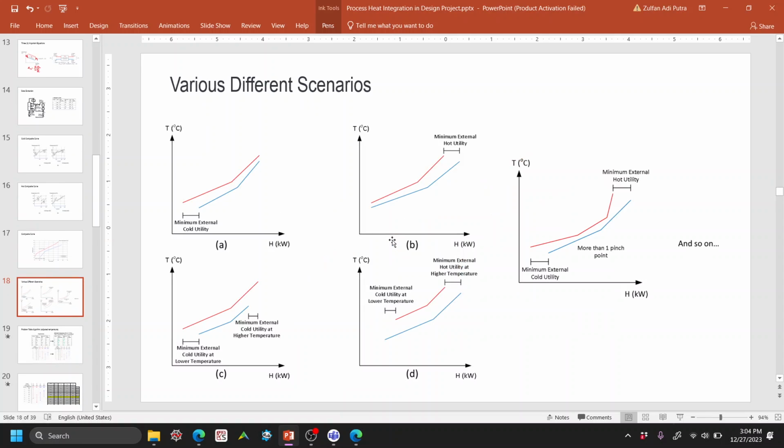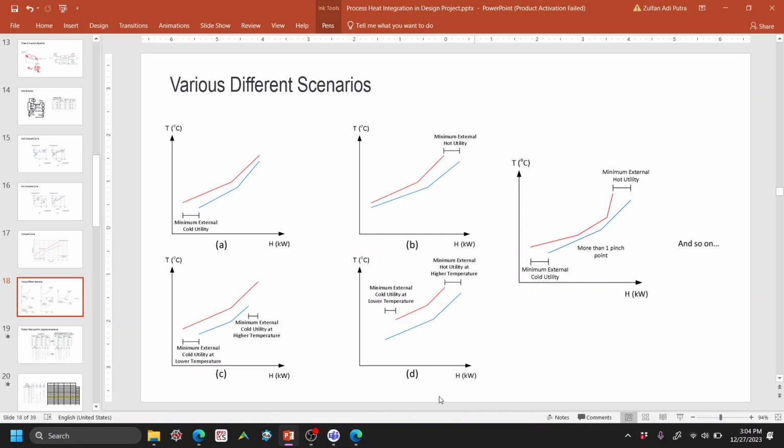This is what I just said. So if we have different scenarios of not only the delta T but different cases, depending on your mass and energy balances, you can have a plant with no heating utility, or another plant with no cooling utility. Maybe you can have a plant with more than one pinch point, so you have another pinch point over here and another one over there.